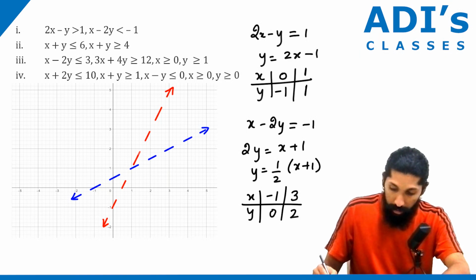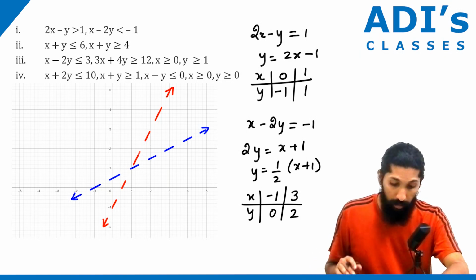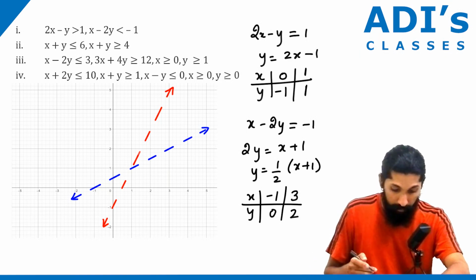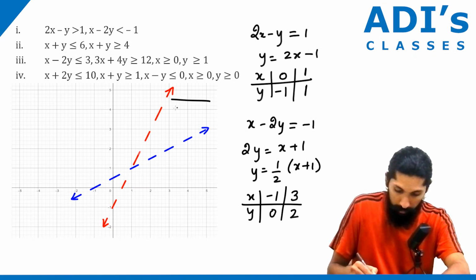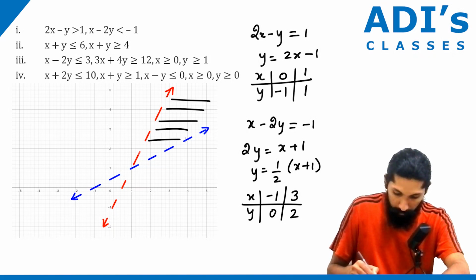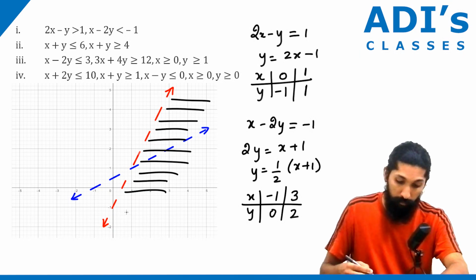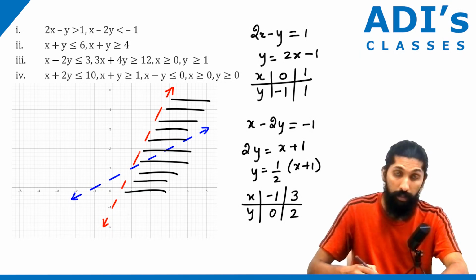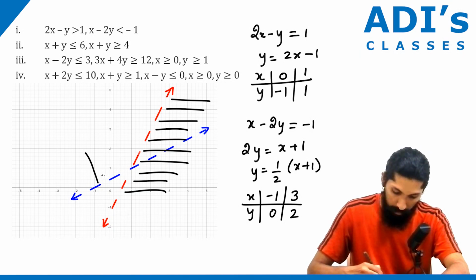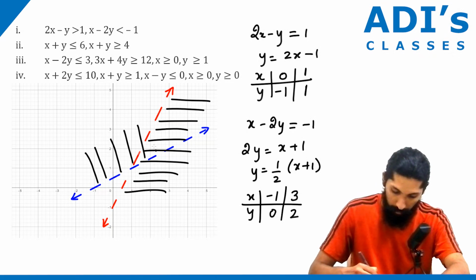Now, see the shaded region we are looking at. For the first one, it's greater than minus 1. That's basically this area. Correct? And for the next one, it's less than minus 1, so it's going to be like this.